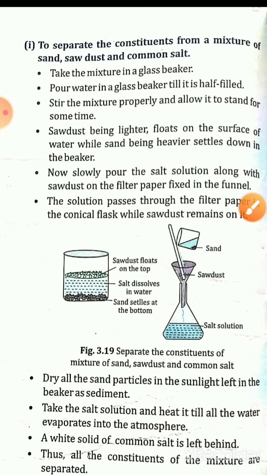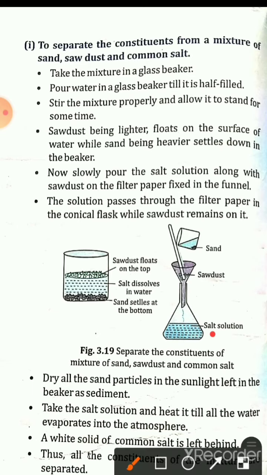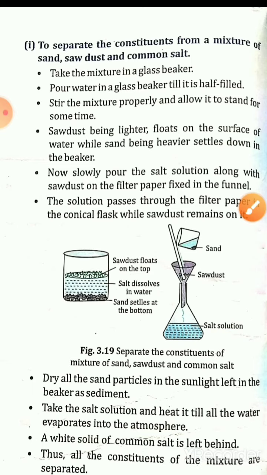Then the salt solution collected in the conical flask is heated, all the water evaporates into the atmosphere, and the common salt is left behind. In this way we can separate the different constituents of a mixture of sand, sawdust and common salt.